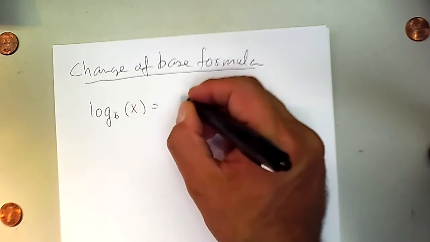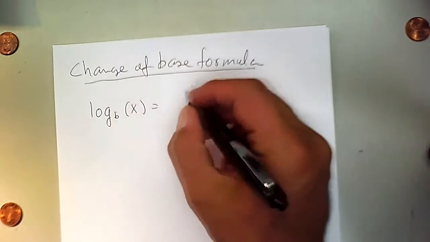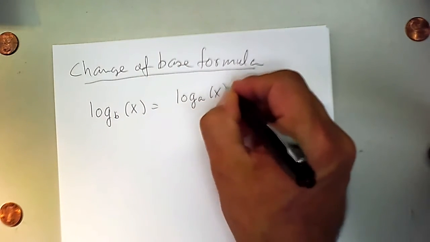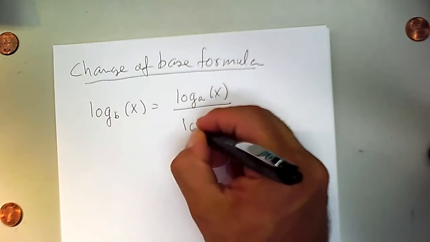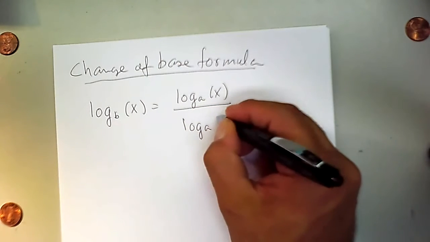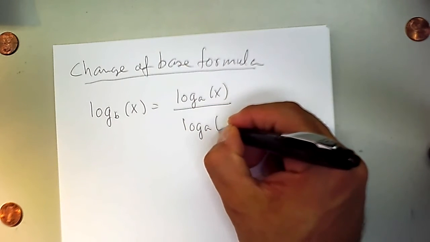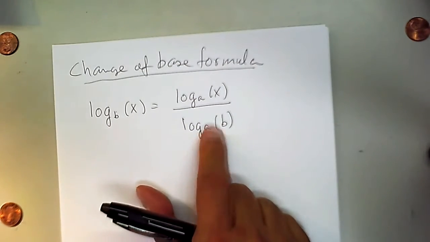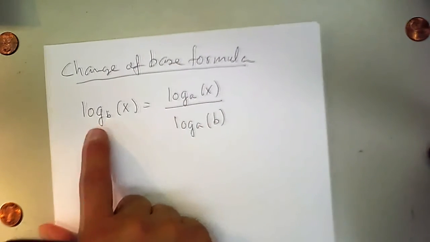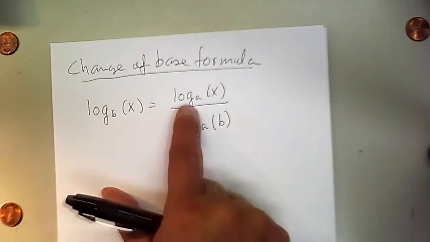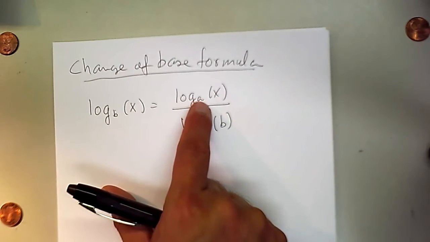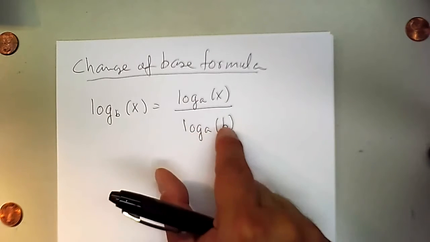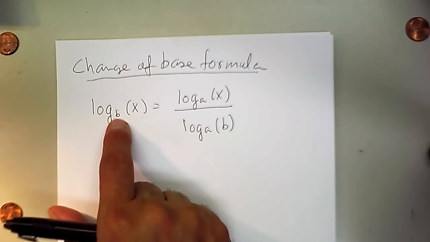You can always change it to another base, so logarithm base A, as long as we divide by the logarithm of B in the same base. So a logarithm in base B can be written as a logarithm in a different base as long as we divide by the logarithm of the original base.